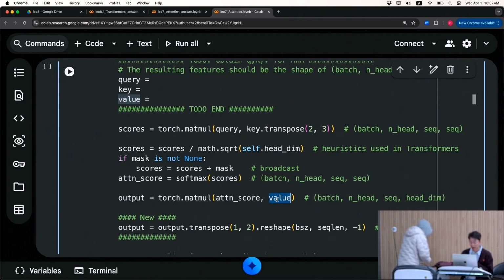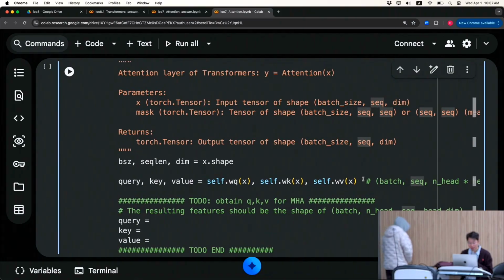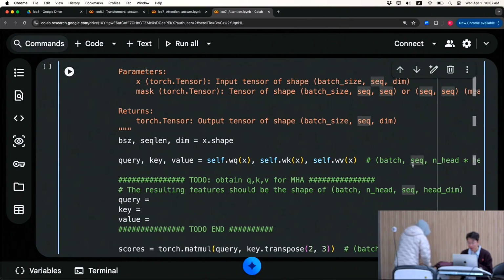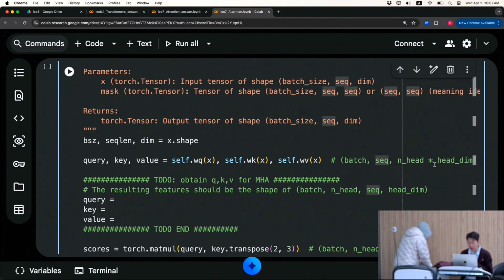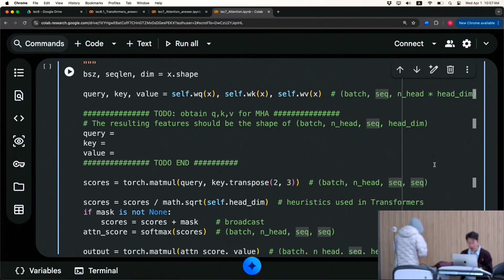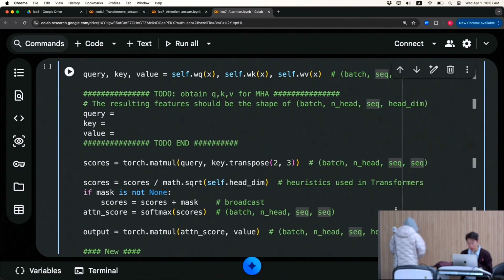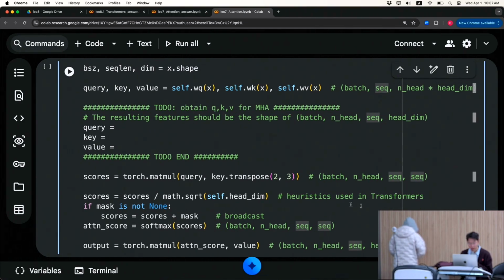And here, let's see what's happening. So attention score is of size batch size, number of heads, sequence by sequence. And value, the dimension of value is batch, sequence, number of heads times head dimension. So okay, let's look at it together.